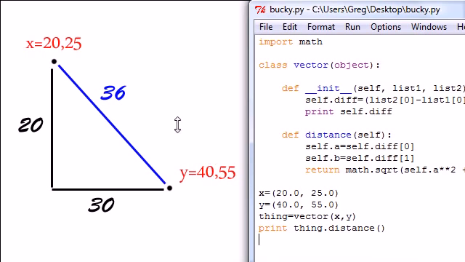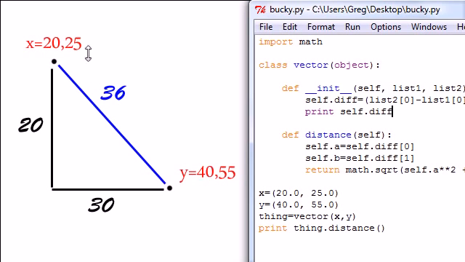So I'll review what we did so far. The first thing we did is we built a coordinate at x, and that's this. We built it at 20, 25. The next thing we did is make a point at y, which was at 40, 55. The next thing we did in this initialization function is create a vector, or find out what the difference was between x and y.